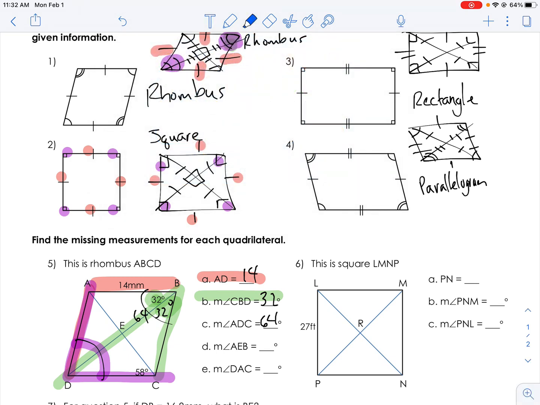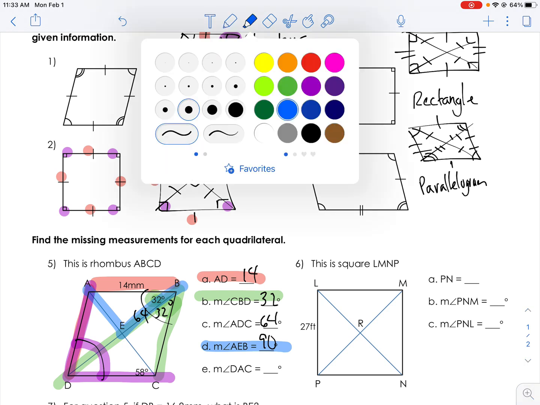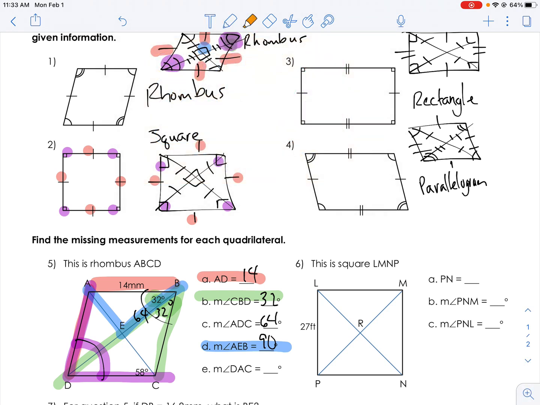Next, we have AEB. This is one of our inside diagonals, and those are always 90. Finally, our last one, DAC. Well, this right here is 58. That has the same marks as this one, so that's going to be 58.